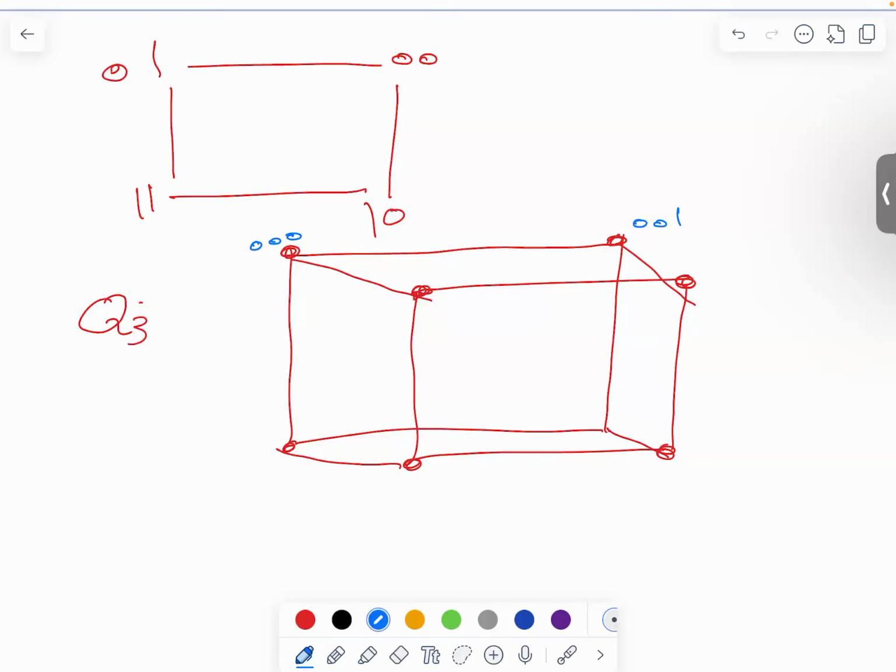This one is 0, 0, 1. This can be 0, 1, 0. This guy has to be 1, 0, 0. So this vertex can be connected to the other vertices that differ in one place: here 1, or here 1, or here 1. So that's why here, here, and here. The rest will be automatically corrected.